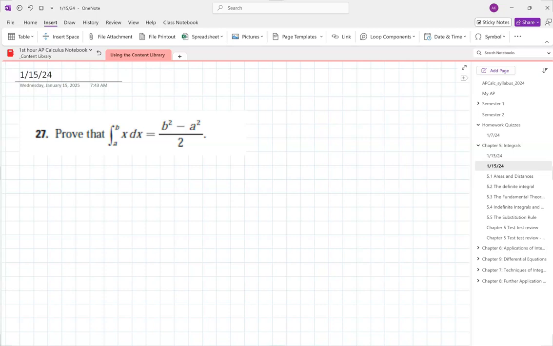So this says to prove that the integral from a to b of x dx is b squared minus a squared all over 2. So we'll start with our definition of an integral.